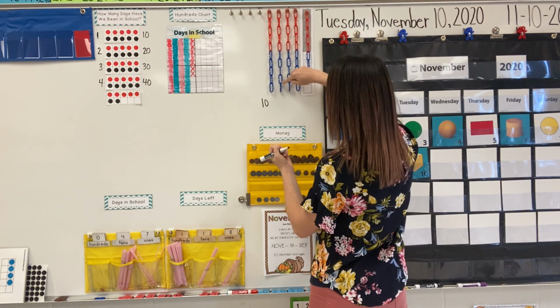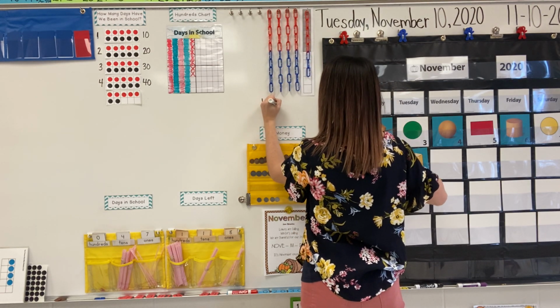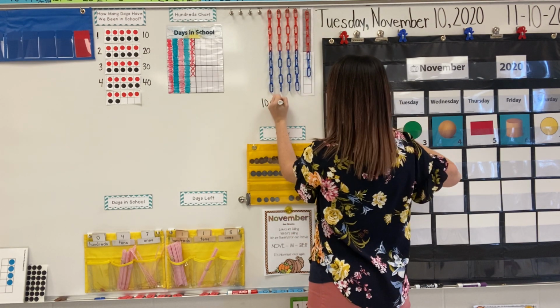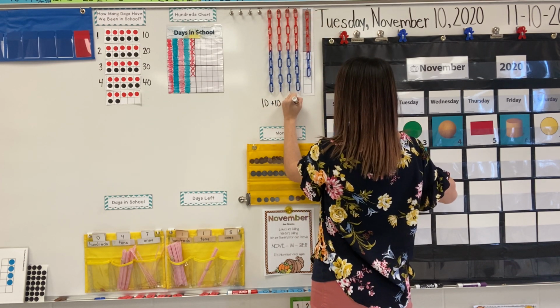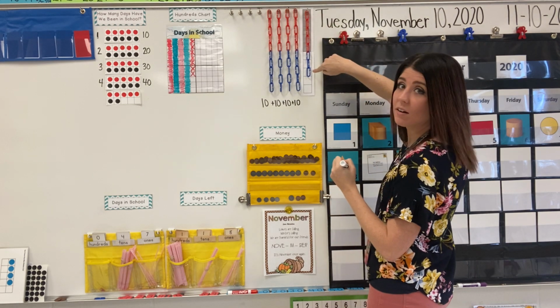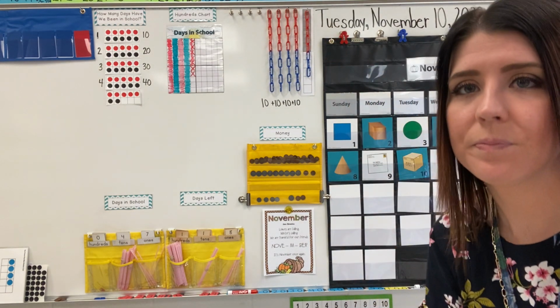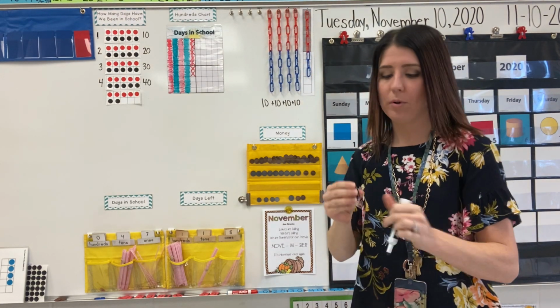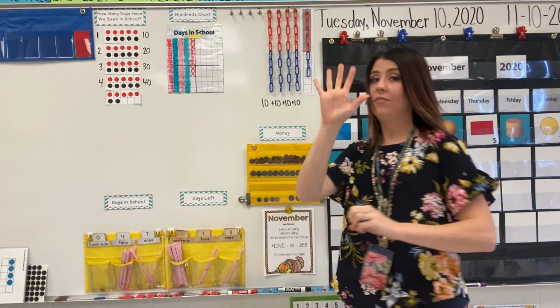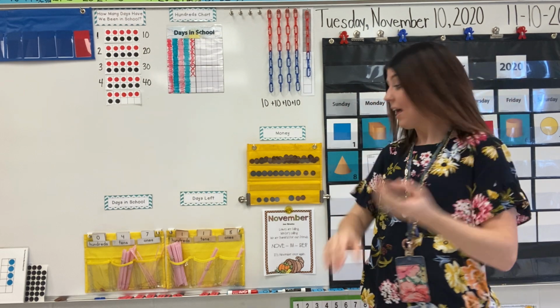And then we have another 10. And then we have another 10. And then we have another 10. And then how many do we have here? Can you see that? We have 5 red and 3. What number do you know is made of 5 and 3? 8.